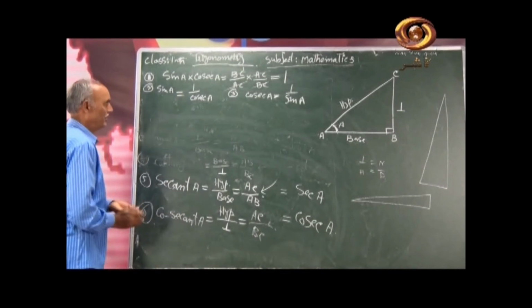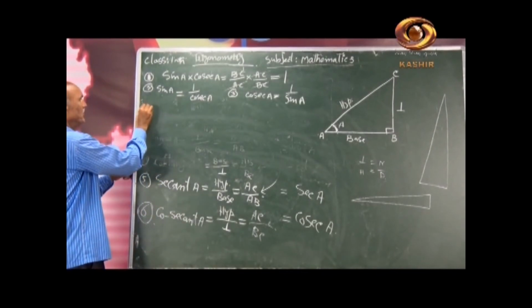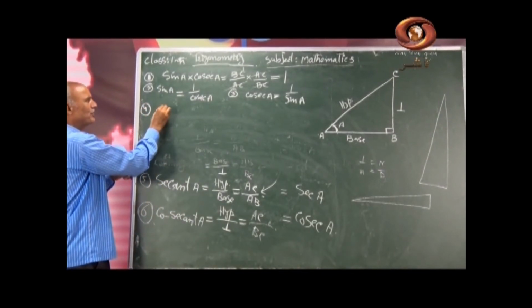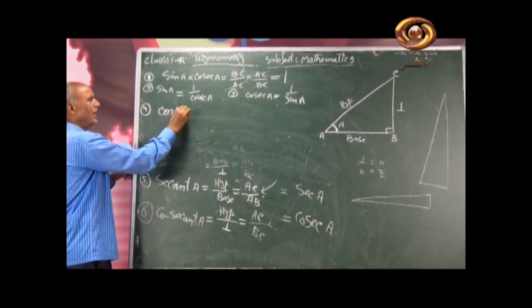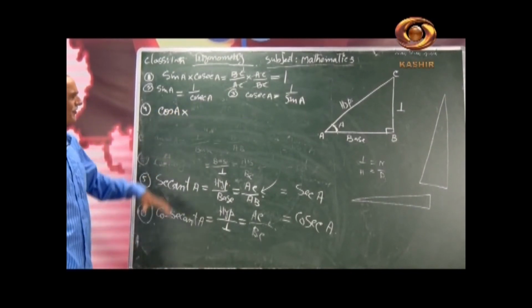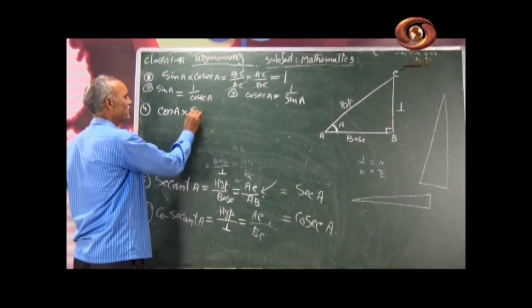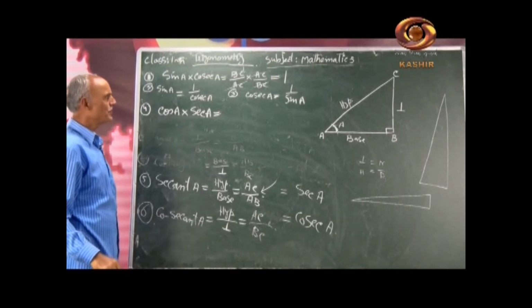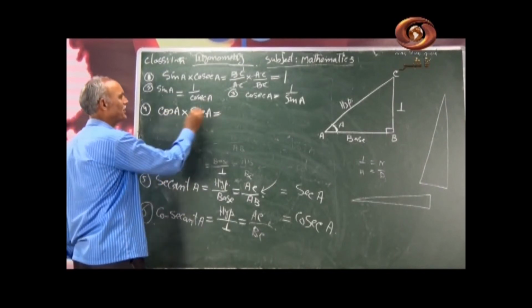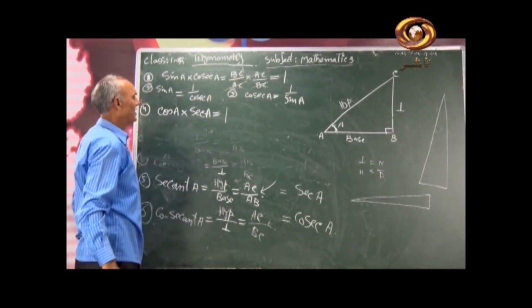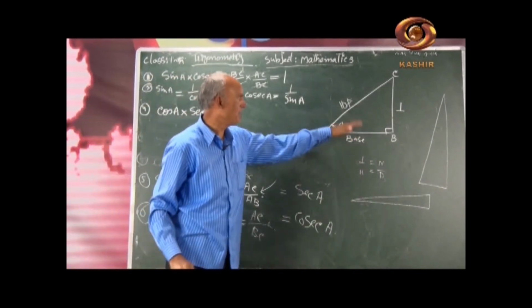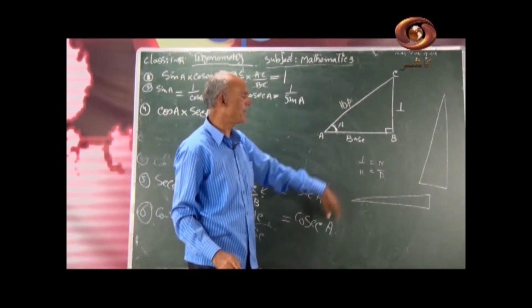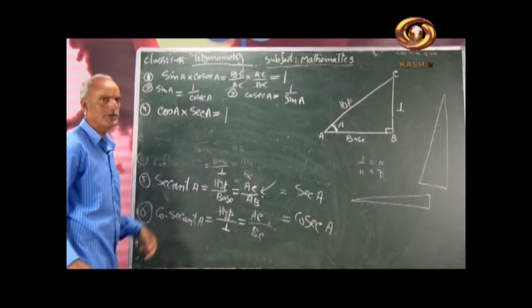For example, now taking the second ratio, cos A, and taking its reciprocal, that is sec A. Cos A and sec A are reciprocals of each other, hence their product is 1, as I have shown here. You can take the values of cos A, base by hypotenuse, and then hypotenuse by base, they will cancel out and it will come out to be equal to 1.